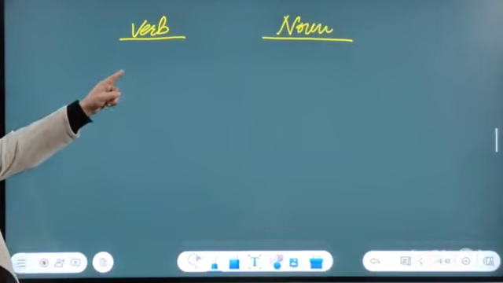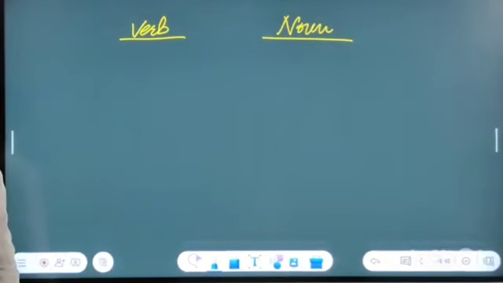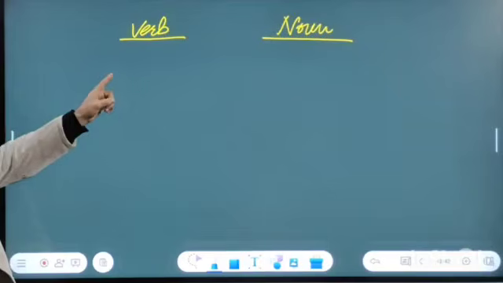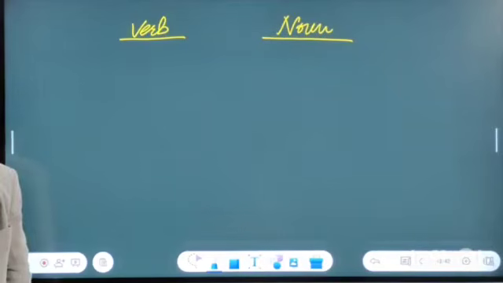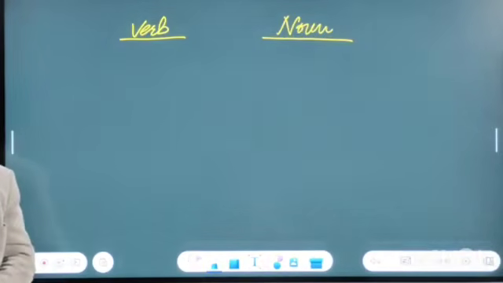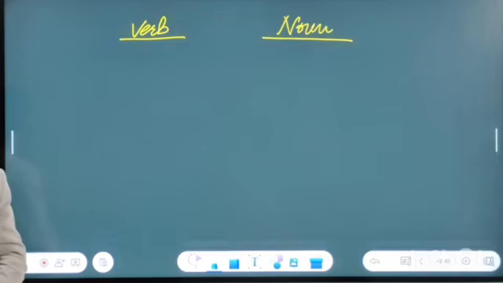What do you think? Is verb important or noun important in grammar? Both? Yeah, what do you think? I think verb is more important. Why? Because it shows what is happening. Now noun is just giving us a name, some name of something.